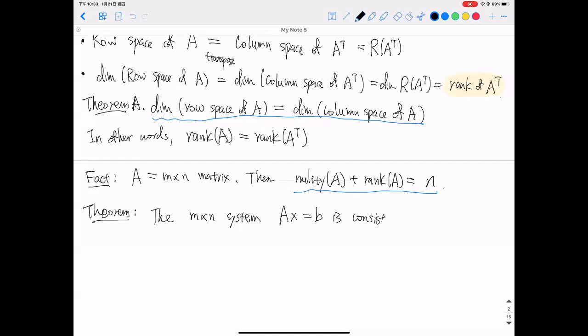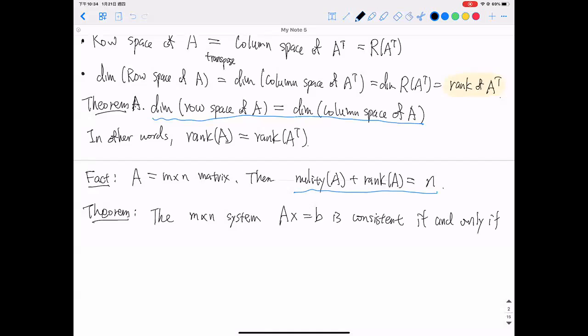So we are in particular interested in knowing when the system has a solution, or in other words, when the system is consistent. Now the theorem gives you a criterion for consistency of the system.